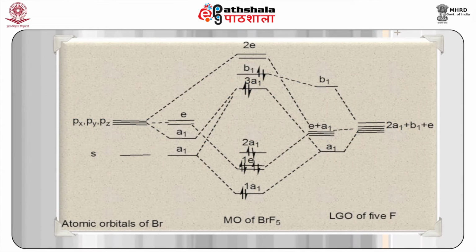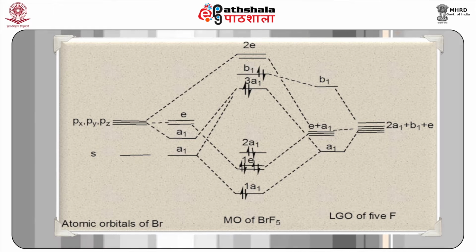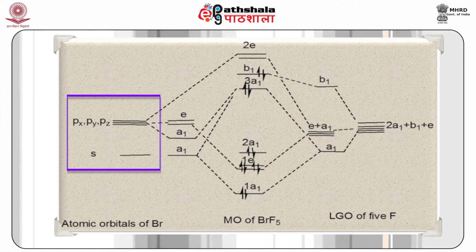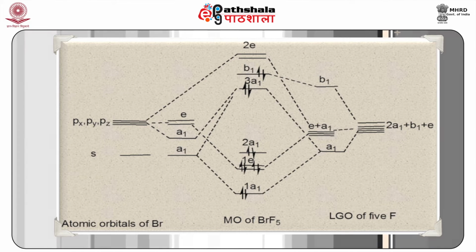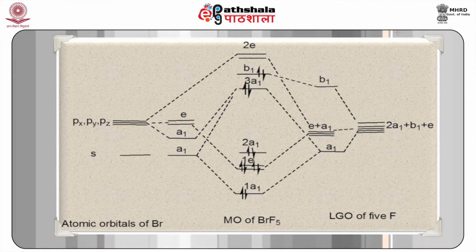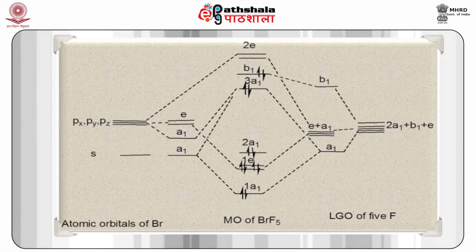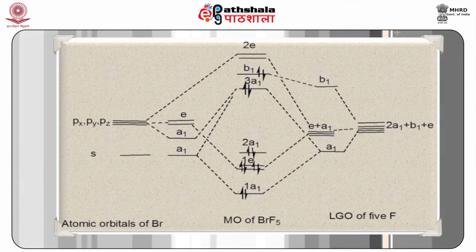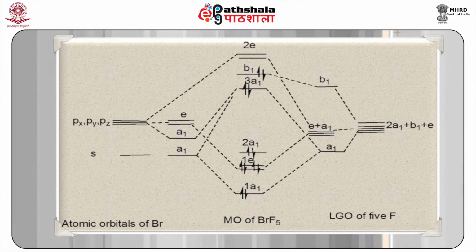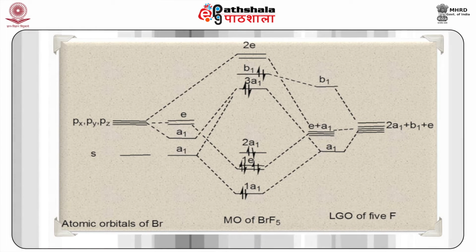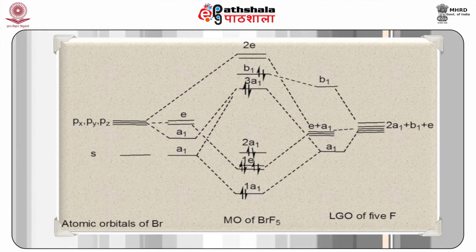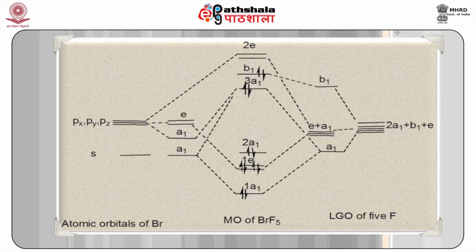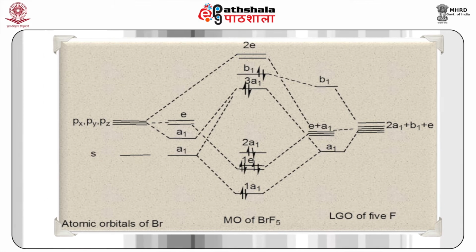The next step is that we take the valence orbitals of bromine on the left hand side, and the LGOs of the 5 fluorines on the right hand side, and we match them and draw the MO diagram of this molecule. Filling of the electrons in these MOs is done in a similar manner as we follow for atomic orbitals. So, this gives us the MO diagram of the BrF5 molecule.